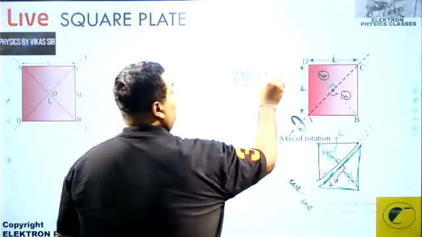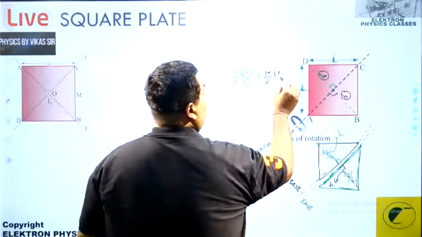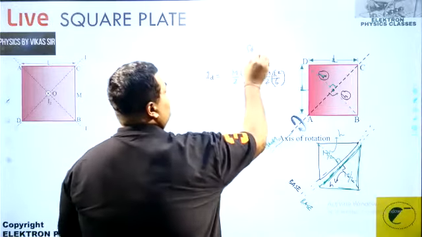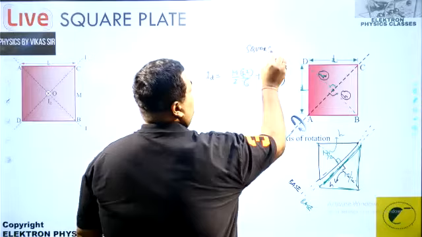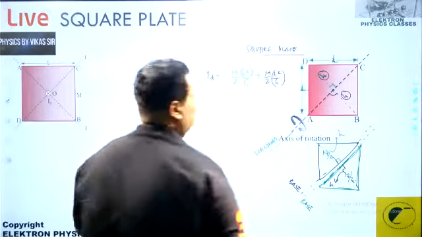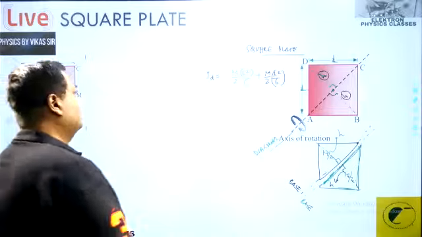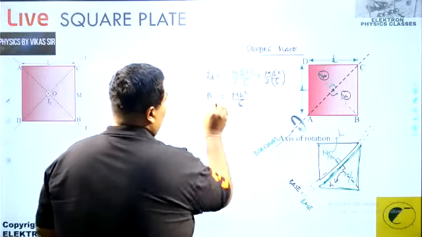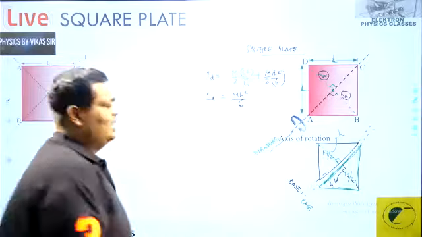So that's once again m by 2 into h square by 6. That's the moment of inertia about the diagonal of this square plate, and the overall moment of inertia equals mh square upon 6.